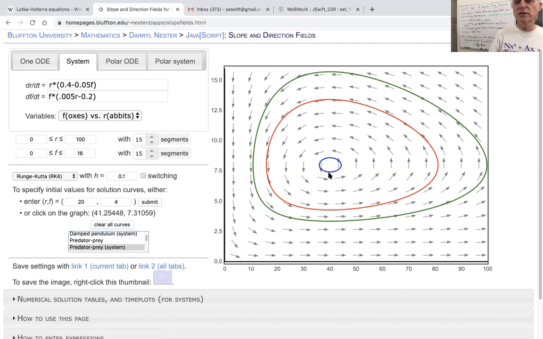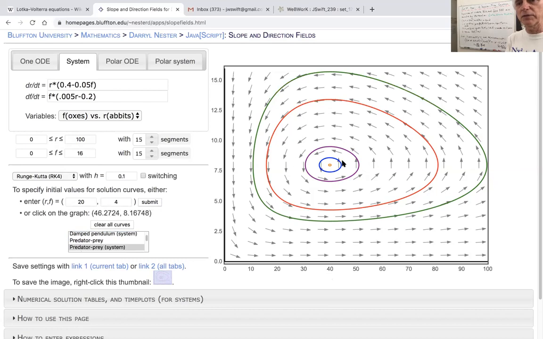And it turns out that actually we've got this solution right in the middle, this equilibrium solution, which is pretty close to 40. Well, the equilibrium is exactly 40 rabbits and 8 foxes. And what happens here actually is in the plane, the solution goes in circles around there.